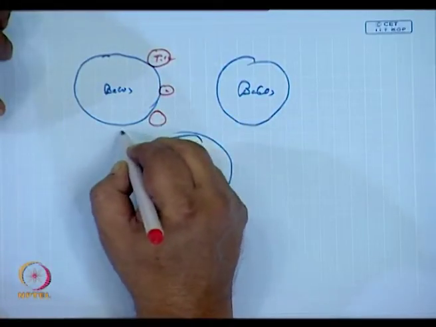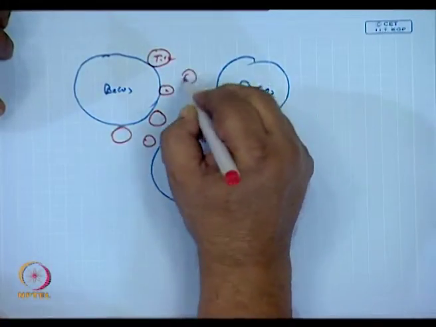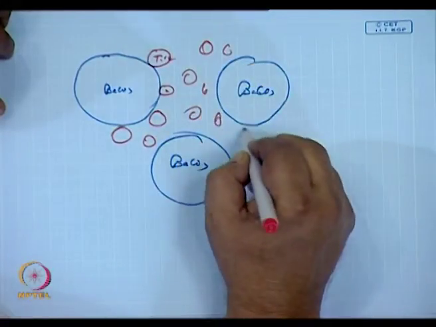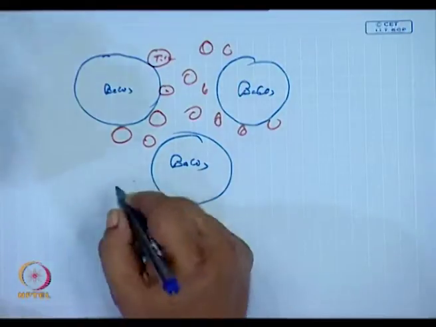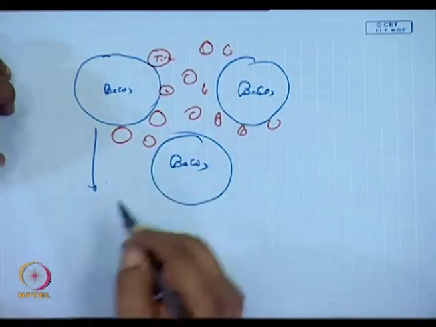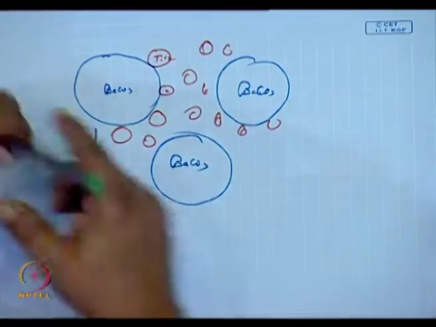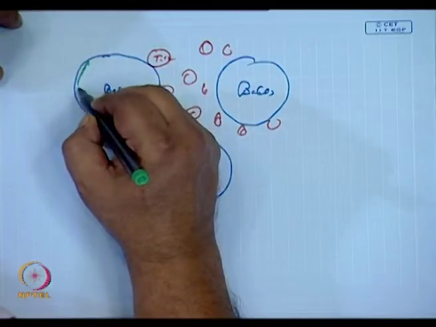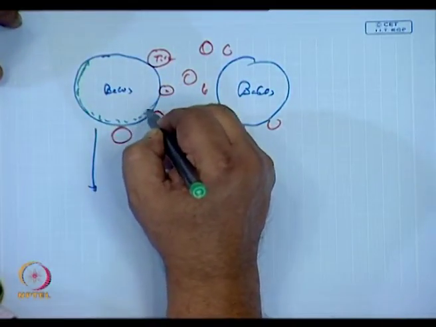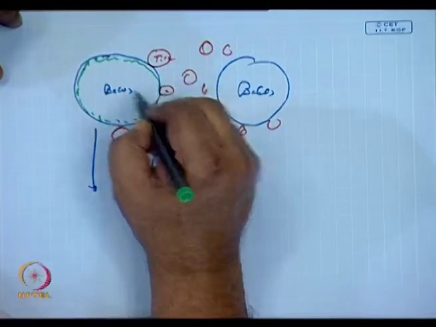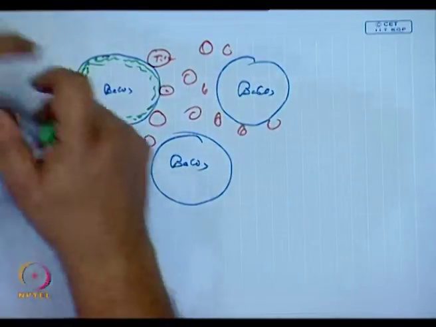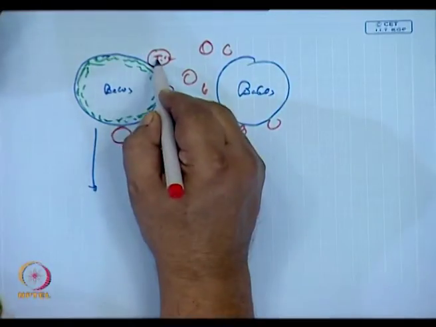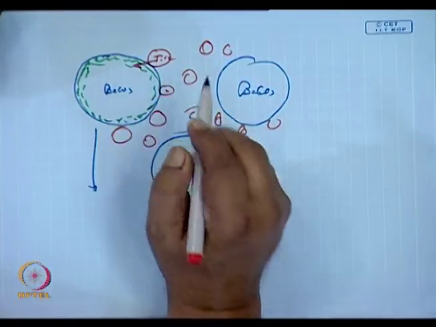The red grains are all titanium dioxide. So when this is heated, what would happen? Carbon dioxide would go away from the outer layers, leaving the BaO layer. This titanium dioxide would react with these BaO layers.